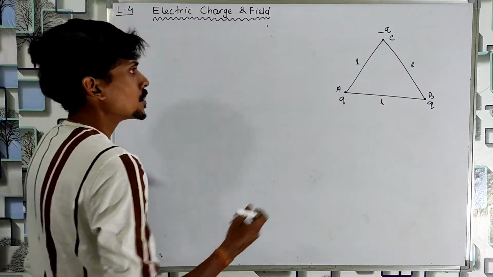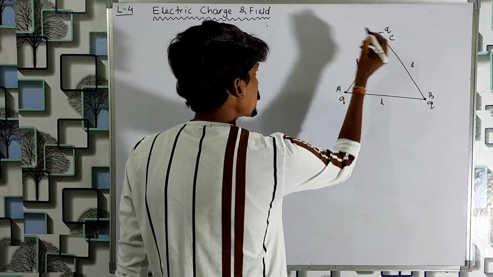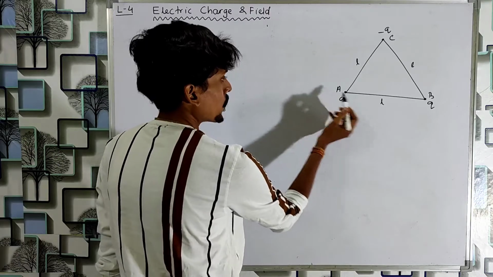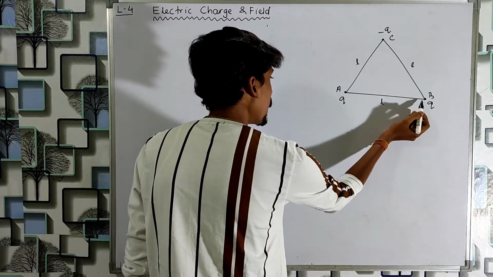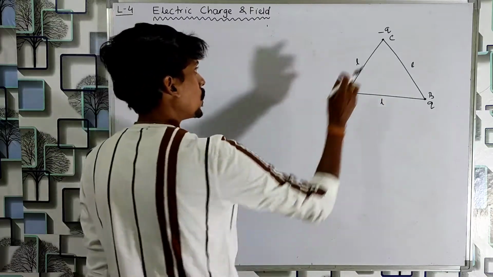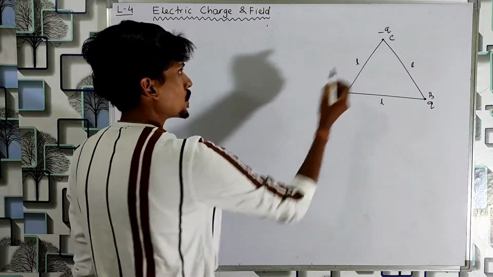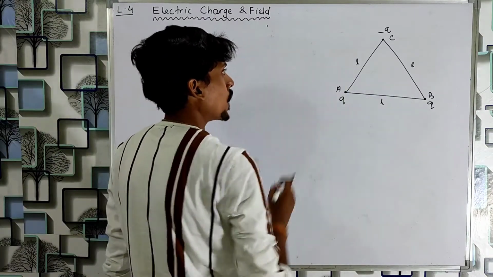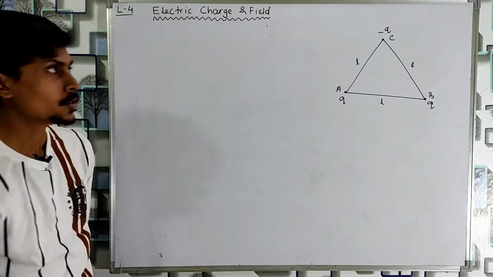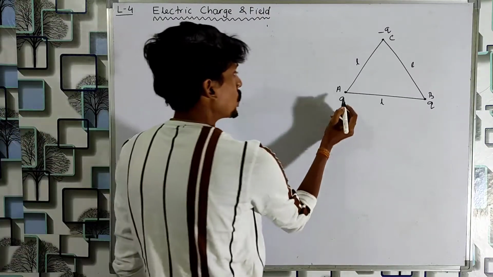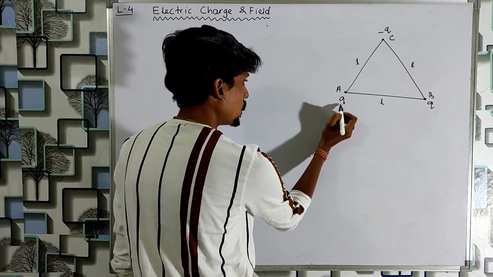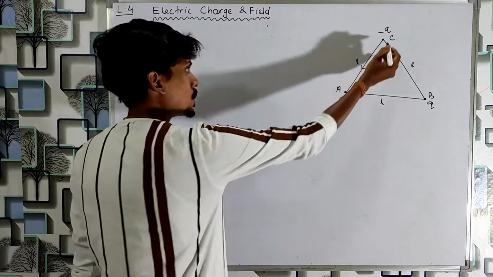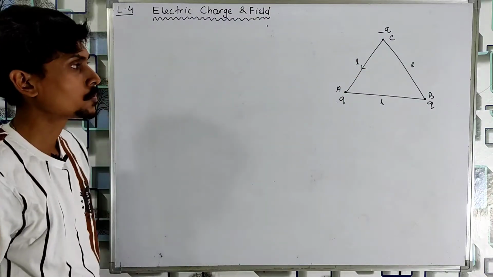So students, since we have to calculate the force on this charge minus Q, we know that the charge at A and the charge at B will exert some electrostatic force on this charge minus Q. This is negative charge and these two are positive charges. So both of them will attract the charge minus Q towards them. So the force exerted by this charge on this charge will be directed along CA because the force is attractive force.